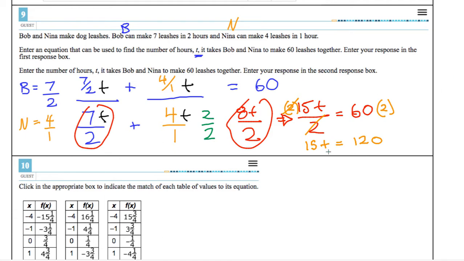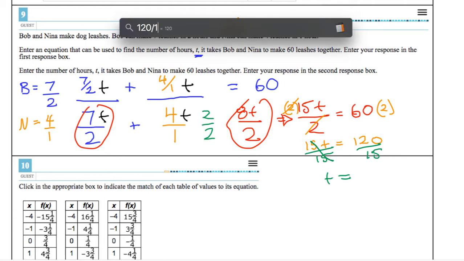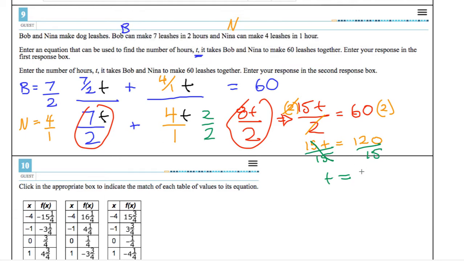Divide both sides by 15, and I get t by itself because those 15s cancel out. T is equal to 120 divided by 15, which is 8. Let me check. 120 divided by 15, it is 8. So it takes them 8 hours to make the leashes together.